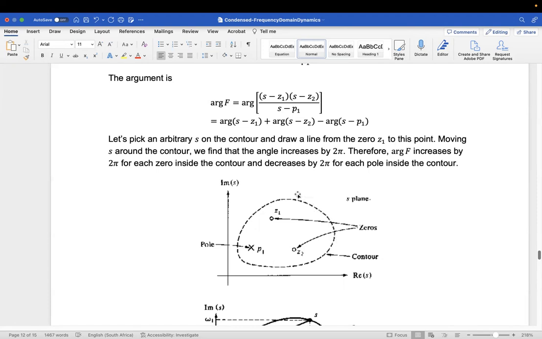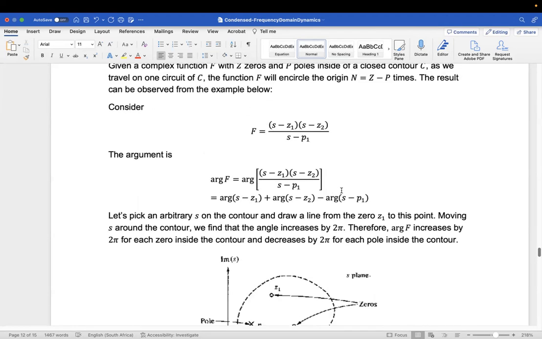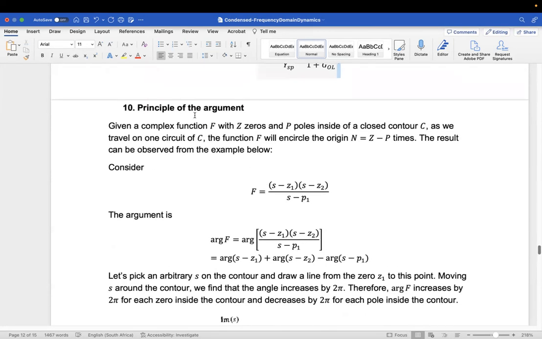And then as we traveled around here, and we've got different real parts and imaginary parts, so as we travel around this contour, going through all those S values, then our function f would be going through its own set of values.